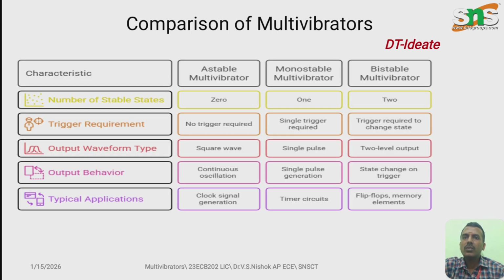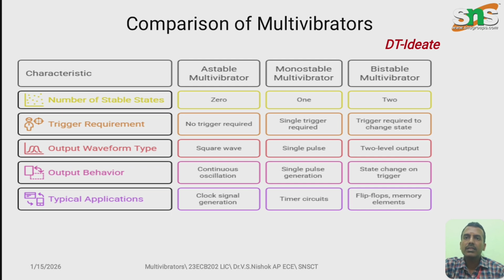Coming to the monostable and bistable multivibrators, monostable specifies there is only one stable state, and bistable specifies there are two stable states. When we give the trigger signal to the monostable multivibrator, it makes the output move from the stable state to the unstable state, and it remains there constant for a few seconds, and then it moves back to the stable state.